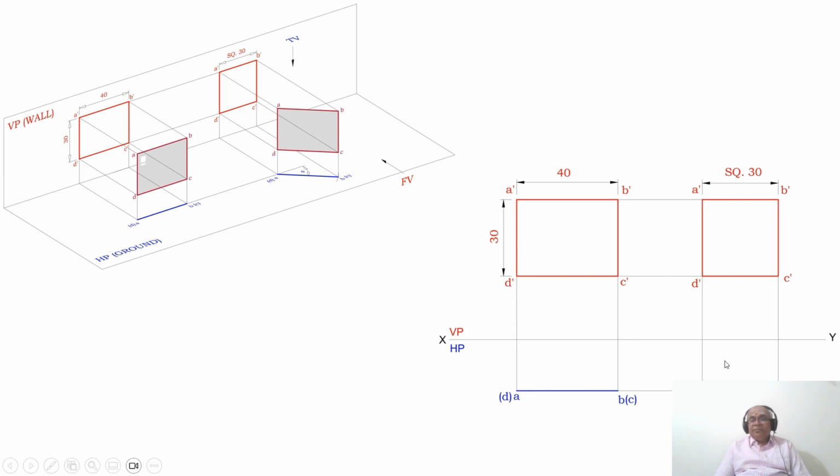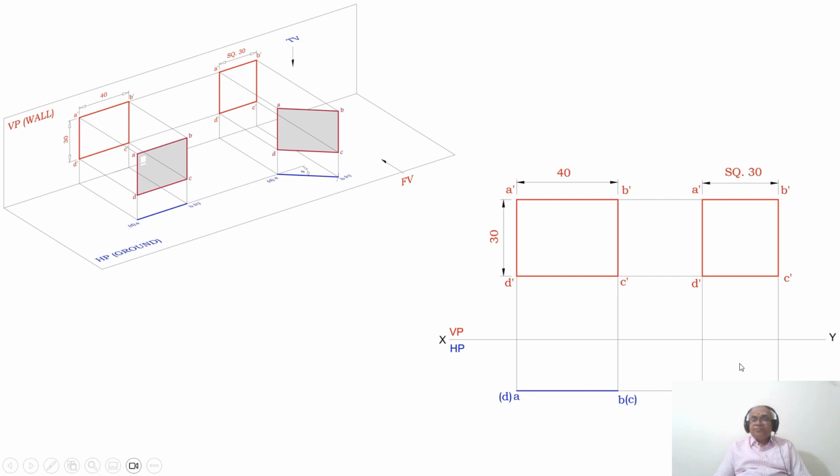But since I don't know this angle, you complete the square of 30 mm side and you mark this as A dash, B dash, C dash and D dash, and you show the square of 30. And draw a vertical projector from both A dash and D dash, and draw a horizontal projector from A and D. Both these two lines are going to intersect at this point. You mark this as A and D in bracket.